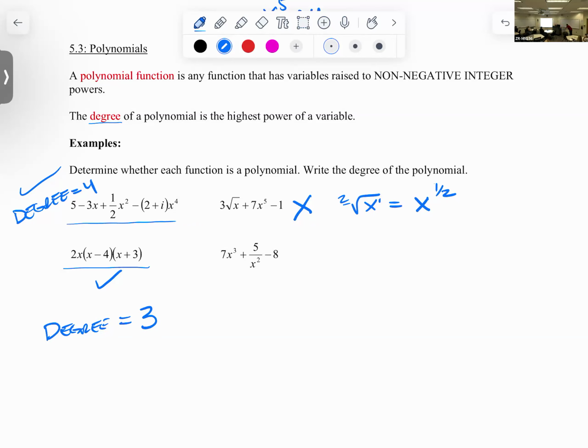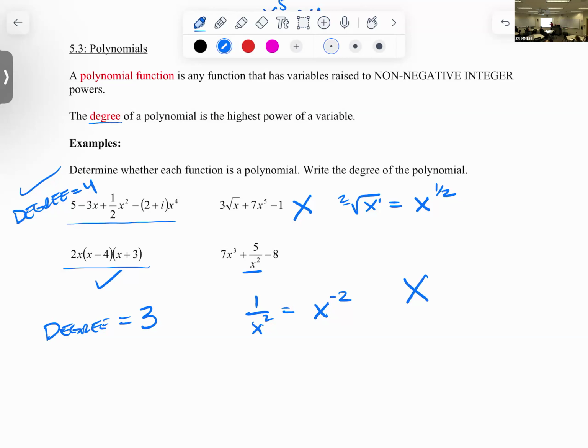It doesn't say that in the definition, but that's the important part because 1/x² is just a fancy way of writing x to the what power? -2. So it all needs to be written on one line. Basically, which means that this is not a polynomial because I have a negative integer power there.